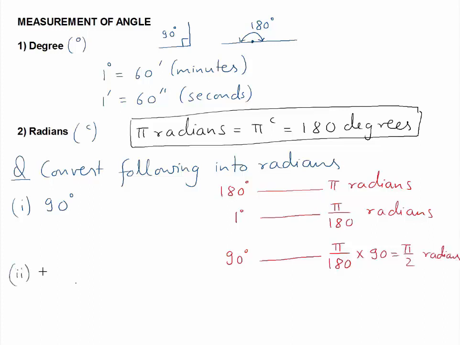Similarly, we can find 30 degree in terms of radians by using the same unitary method. So 1 degree equals pi by 180 radians. So 30 degree will be equal to pi by 180 multiplied by 30, that is pi by 6 radians.